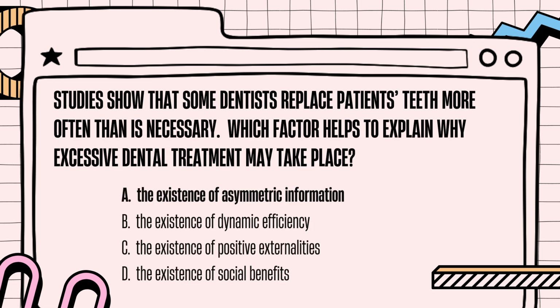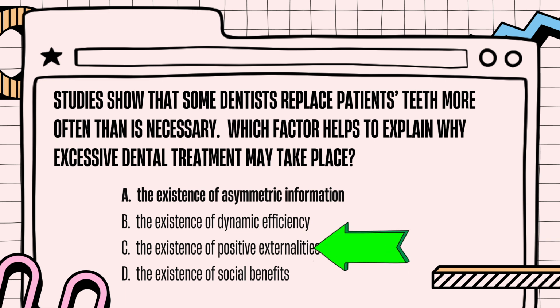For the MCQs, why are the other options not correct? Letter B is not correct, because dynamic efficiency refers to the optimal allocation of resources over time, and it focuses on innovation and long-term benefits, which means that this concept is not directly related to the issue of excessive dental treatment.